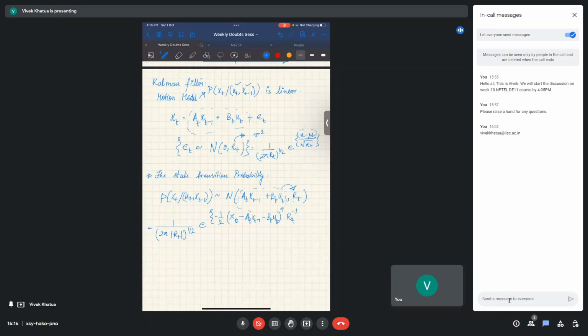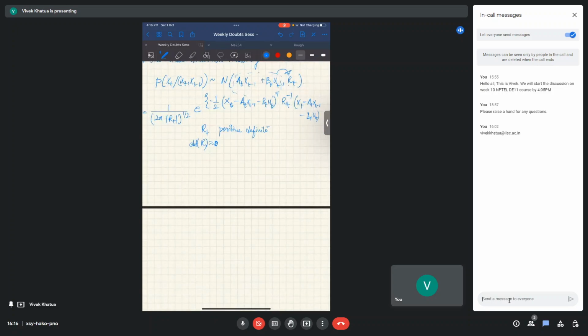Now, since it is RT inverse, RT has to be positive definite, so the determinant of RT should be greater than or equal to 0, times xt minus At xt minus 1 minus Bt ut. So this is our probability, which is a Gaussian distribution. Now we'll come to our measurement model.